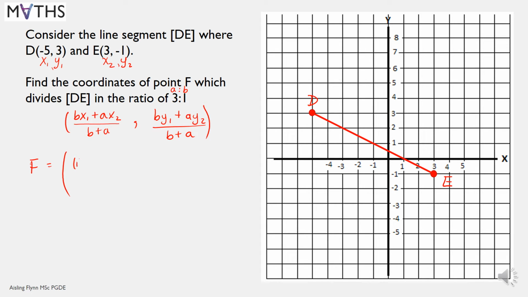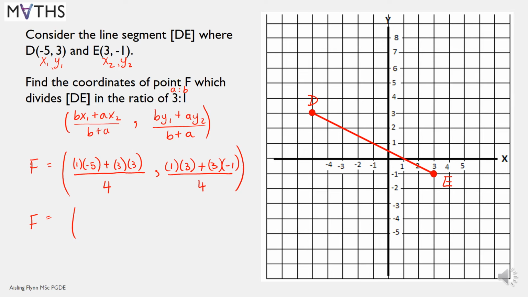So B is 1 times minus 5 plus 3 times 3 over A plus B, that's 3 plus 1 is 4, so the division by 4 is crucial to this. And then we have B, which is 1 times y1, which is 3, plus 3 times minus 1, again over B plus A, which is 4.